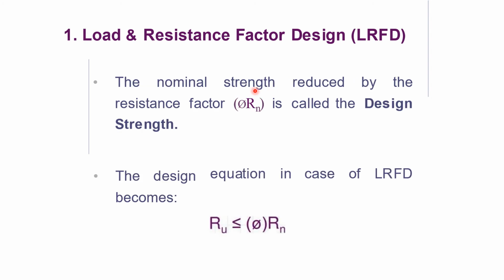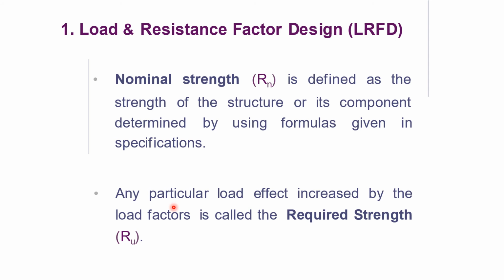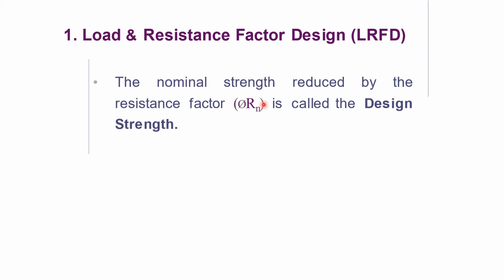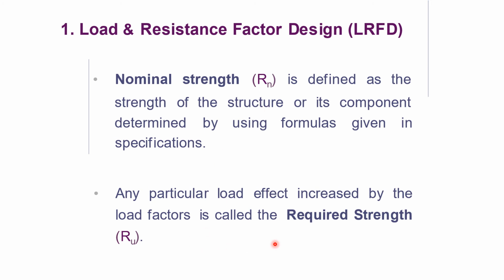So now let's see the equation. The nominal strength reduced by the resistance factor is called the design strength. Here, Rn is on the material side. If we multiply it by the factor, it becomes the design strength, and on the load side, it becomes the required strength due to the applied loading.